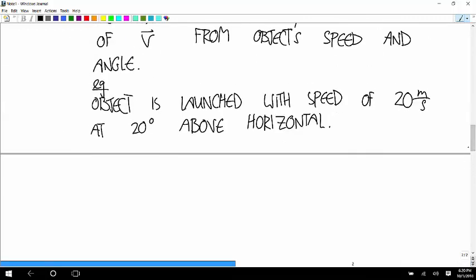So what that's saying is that the instant that the object is launched, if this is the horizontal, the velocity vector has a magnitude of 20.